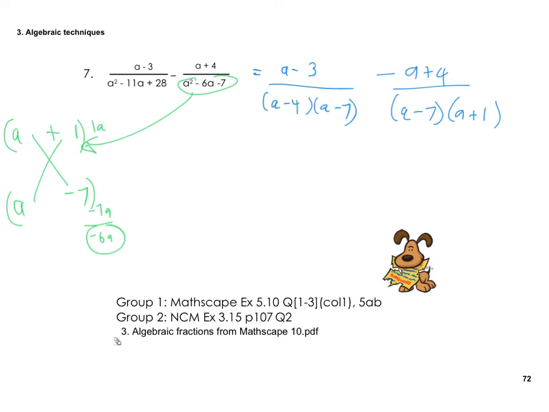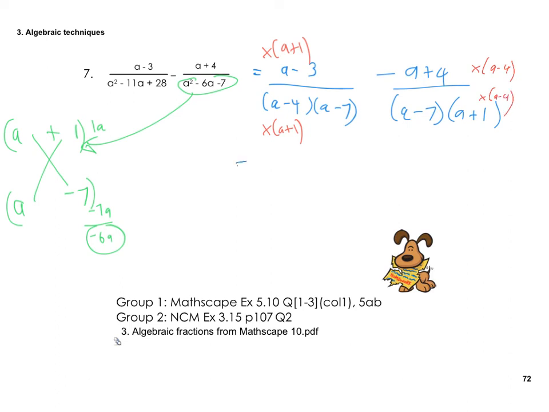Okay, next step. Look at this. What is here that is not here? We want the a plus 1. So times top and bottom by a plus 1. And then this one, what is here that is not here? We want the a minus 4. Okay, now let's expand.